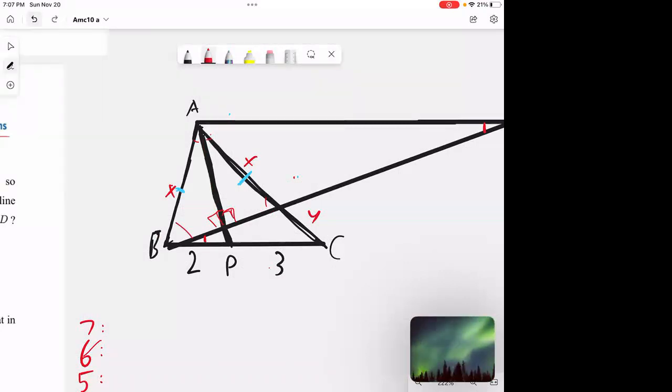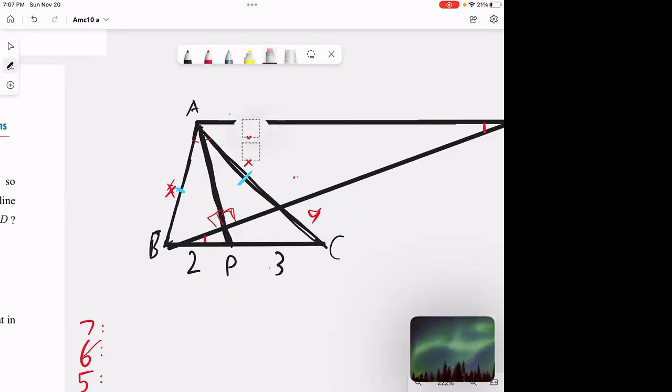So by angle side angle congruency, these two triangles are equal. Therefore, it's an isosceles triangle. That's how we get that this one is X and this one is X, because these are both equal. And we can also call this remaining part Y.